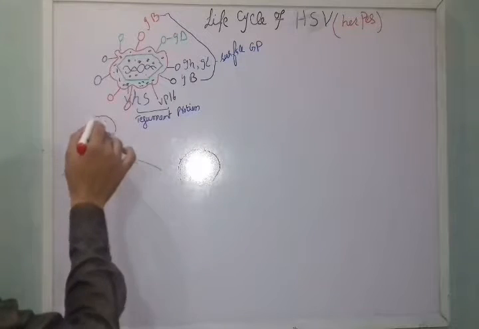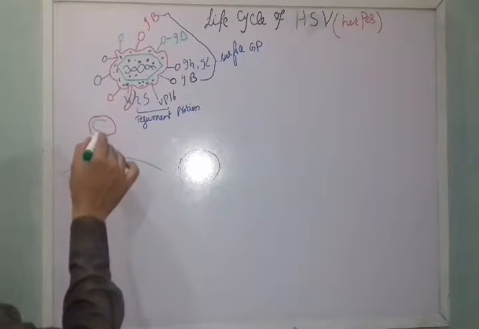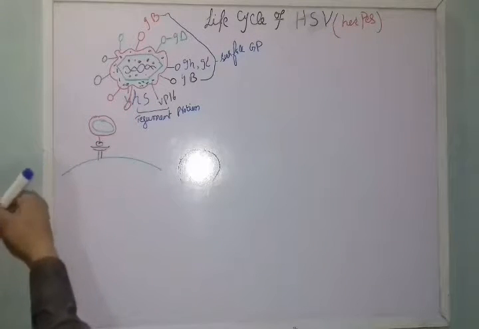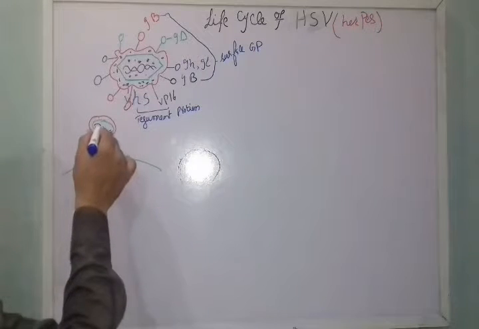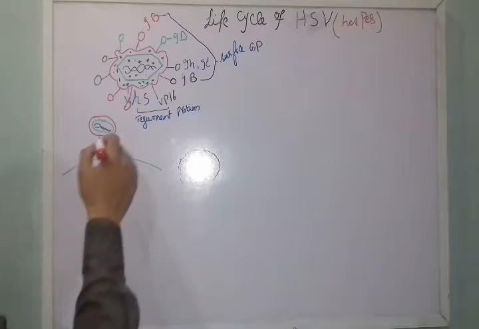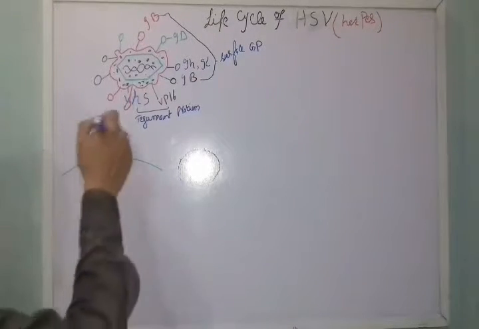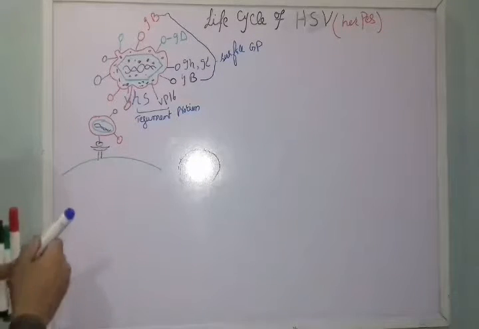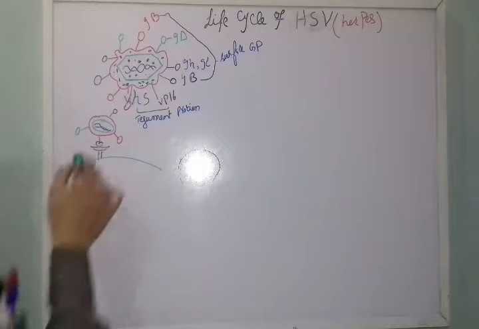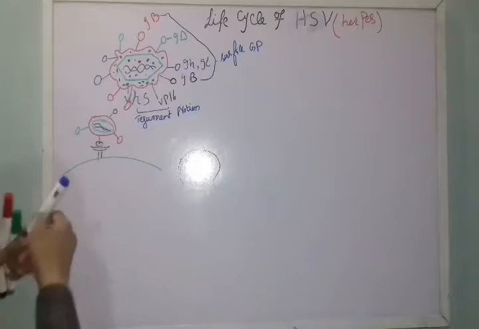Let's suppose this is a virus in a rough form. The genetic material is also present. Tegument proteins are also present. These are the tegument proteins as I dotted.